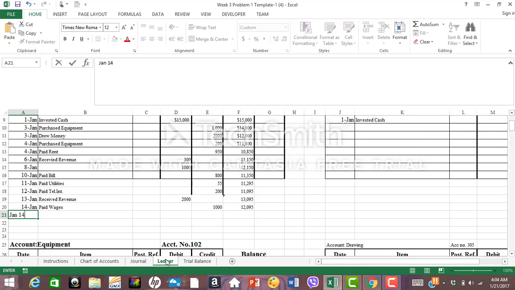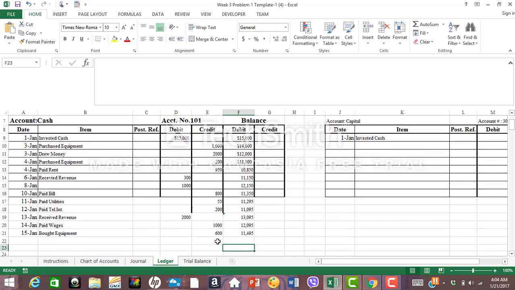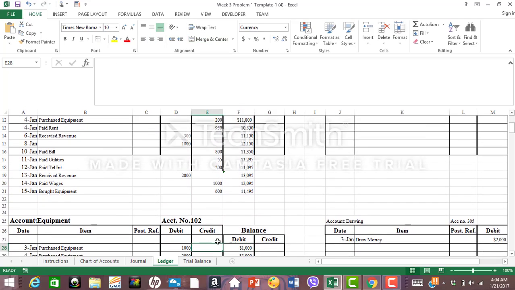And then January 15th, bought equipment, and this would be credit $600 because they're paying with $600. Your new balance is $12,095 minus 600. That would be $11,495.